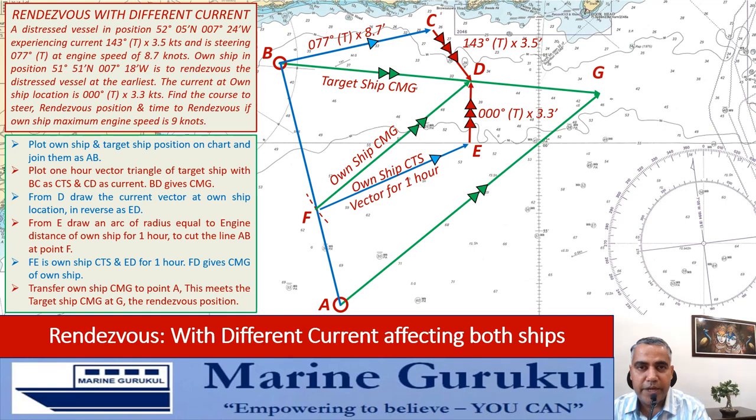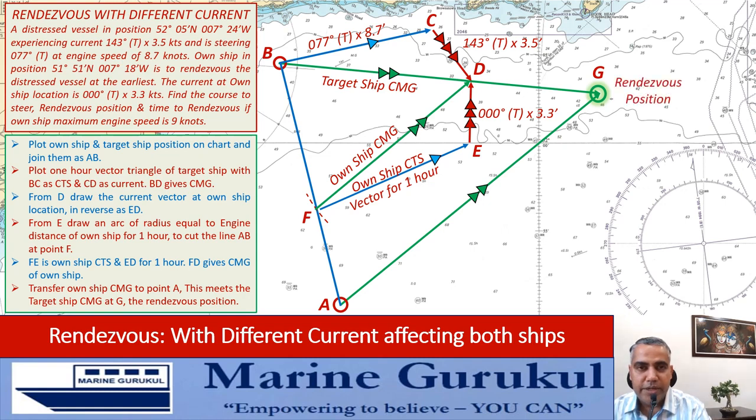Let's name that point as Golf, G. This point Golf is our rendezvous position. The meeting point of the course made good tracks of both the ships, point Golf, is our rendezvous position.